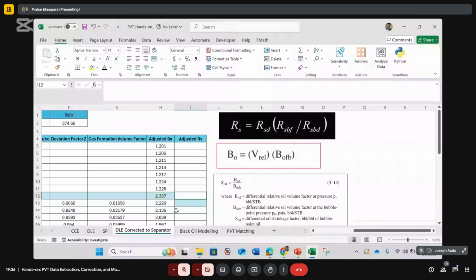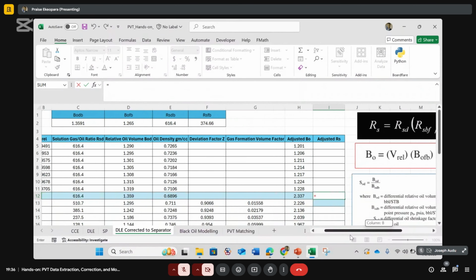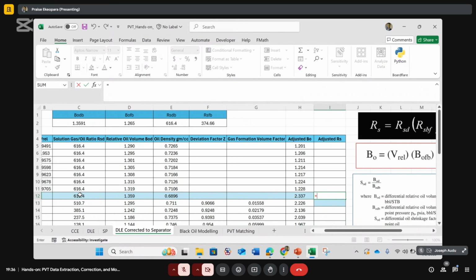Okay. So to do that now, we are going to just go ahead and do RSD. This RSD you are seeing is the individual RS value that we are seeing from differential liberation.